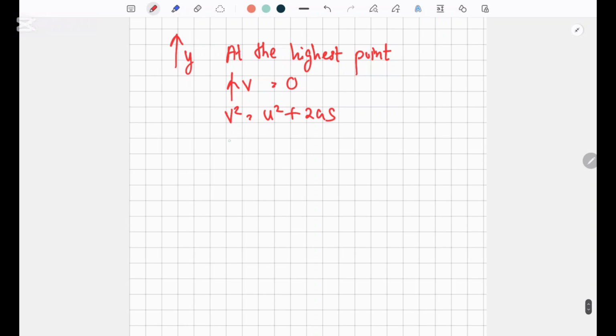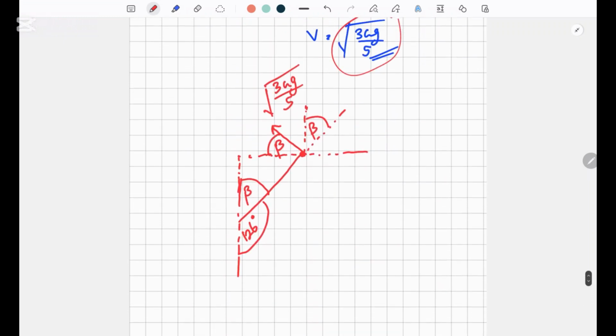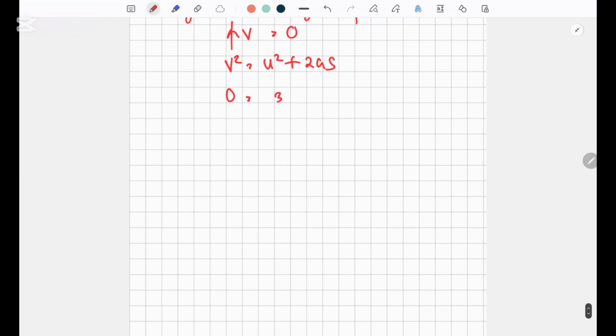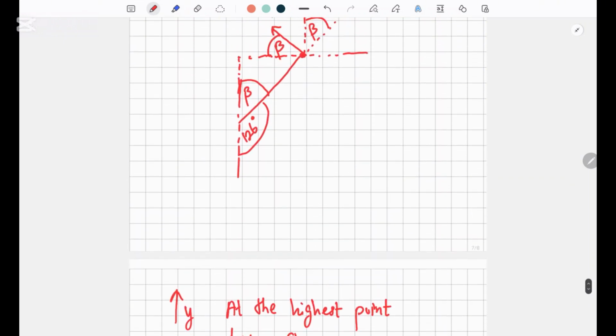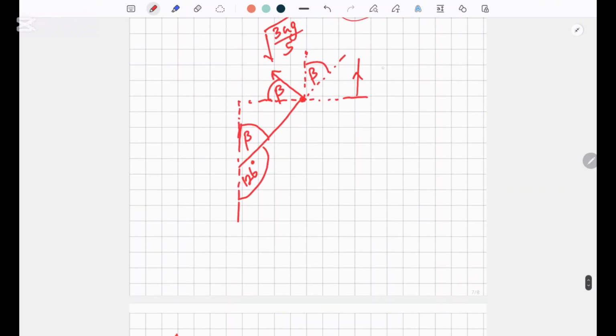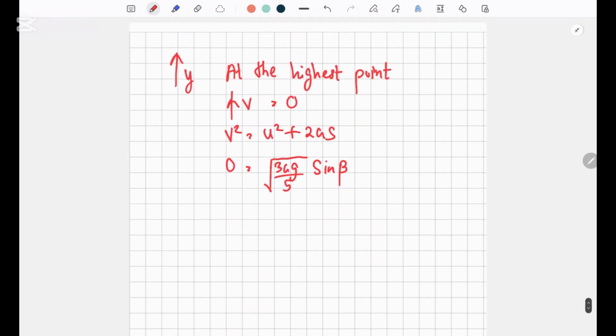So 0 equals, initially, root 3ag over 5 times sine beta, squared, because we are focusing on the vertical.